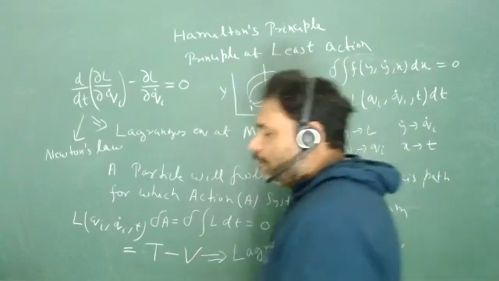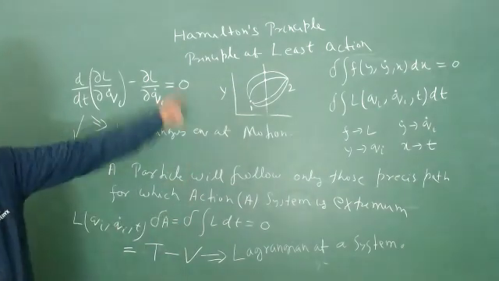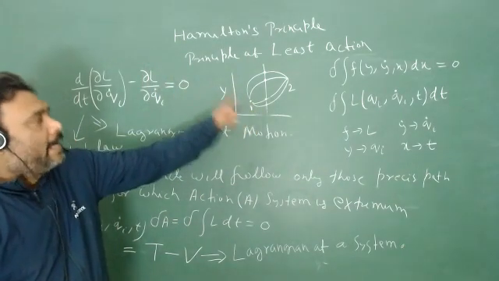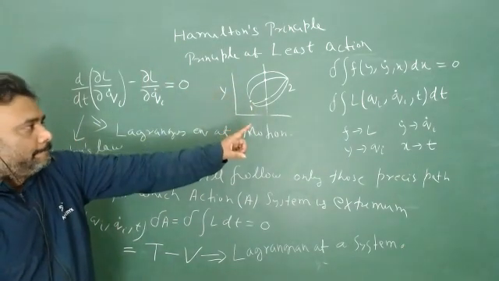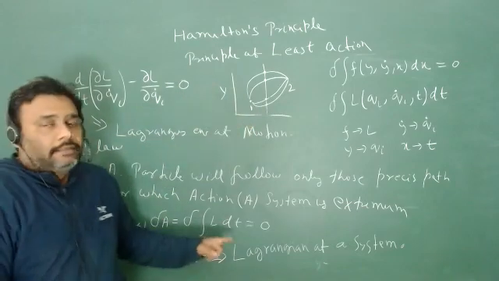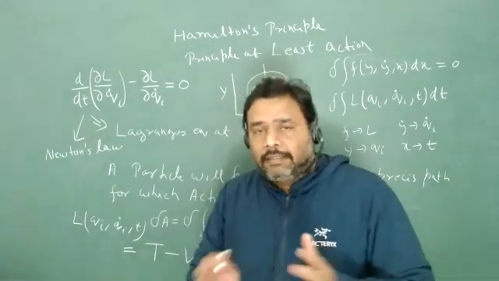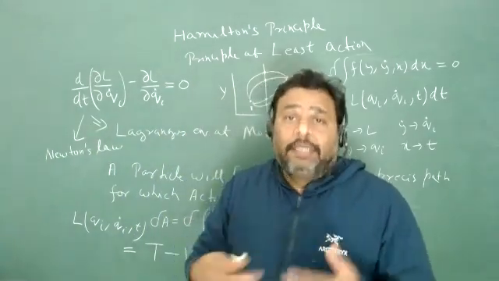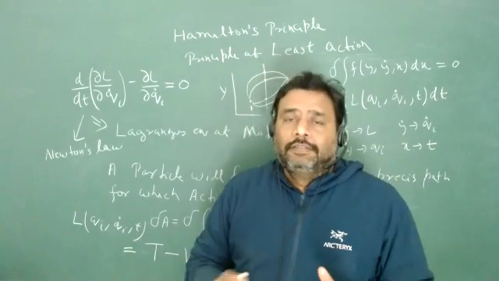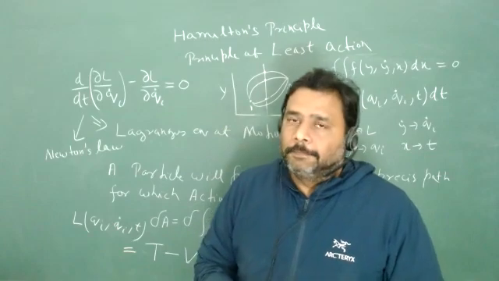So yes, we formulate the Lagrangian of a system on the basis of the principle of least action and calculus of variation. And this action A is defined as the integral of L dt, where L is finally identified as T minus V, kinetic energy minus potential energy of a system.